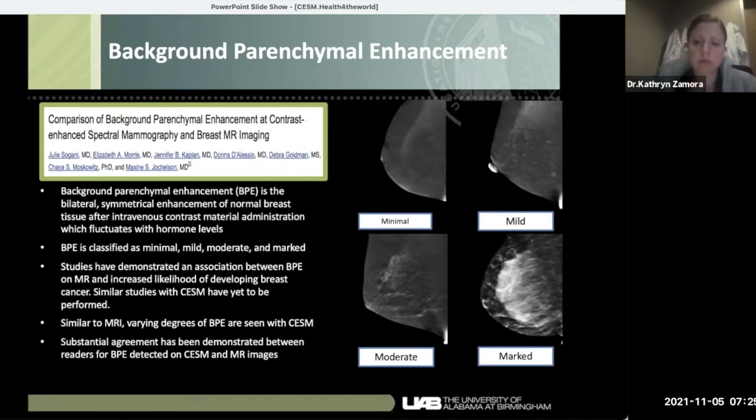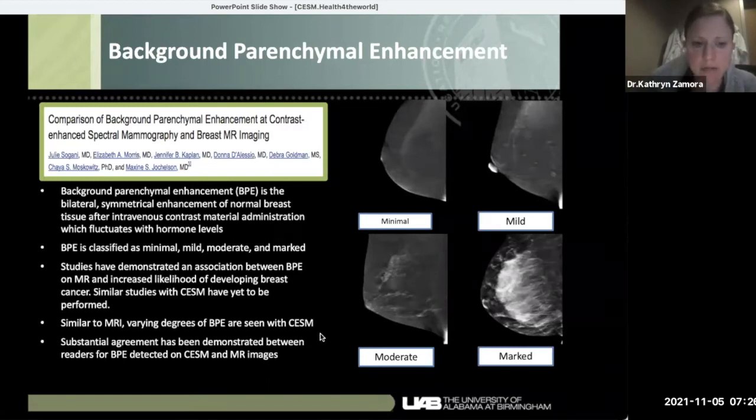It fluctuates with hormone levels. It has been classified under MRI examination, and for contrast enhanced mammography, in 4 categories: minimal, mild, moderate, and marked. And you can see examples of those here.